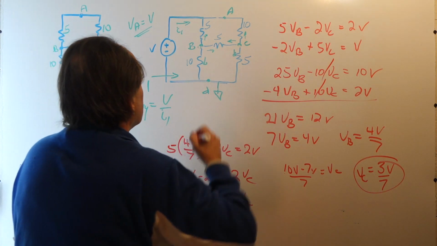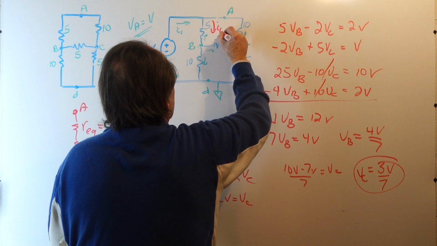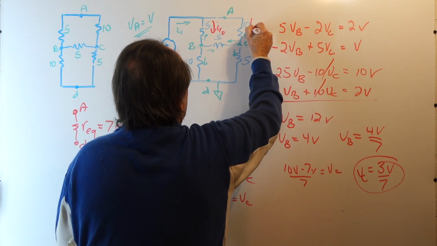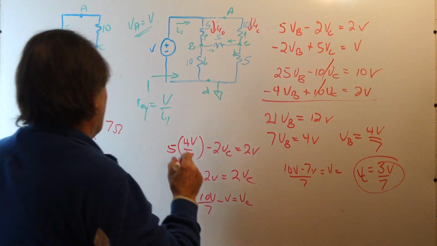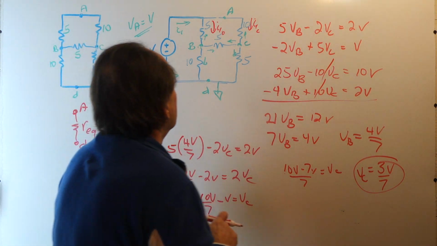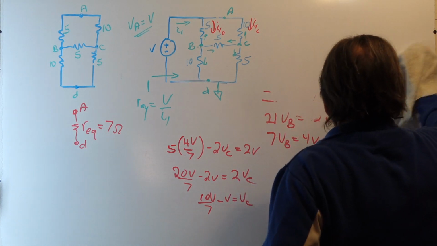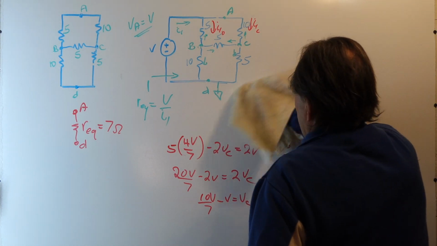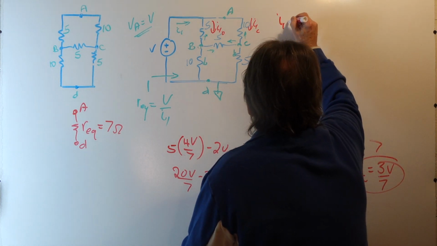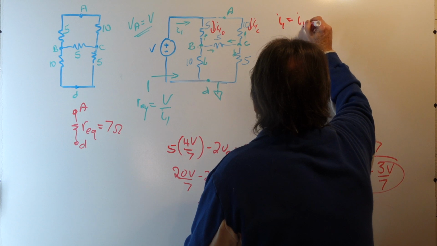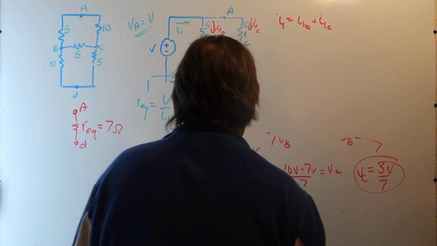I will call this I1B and this I1C. So I1, which we're solving for, is going to be I1B plus I1C.